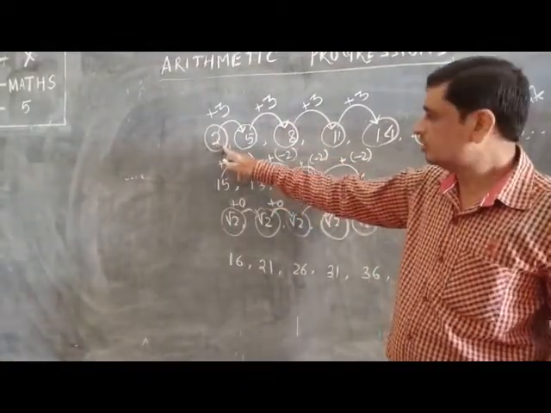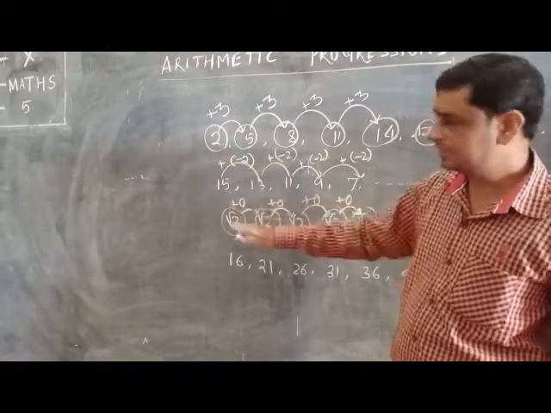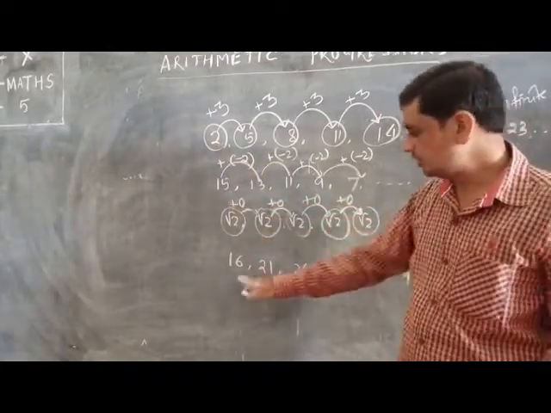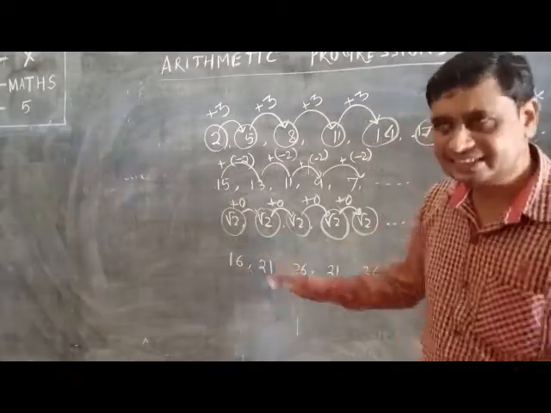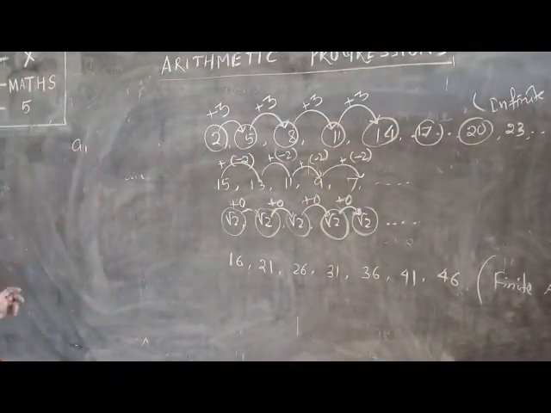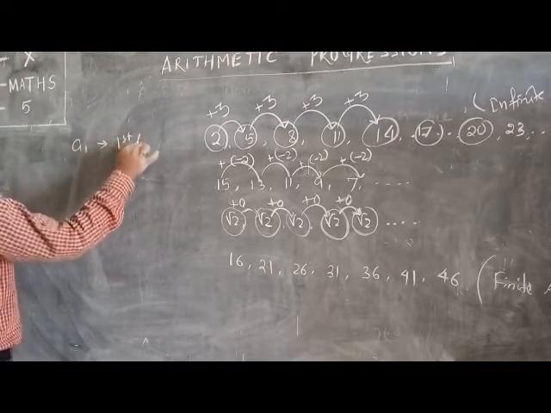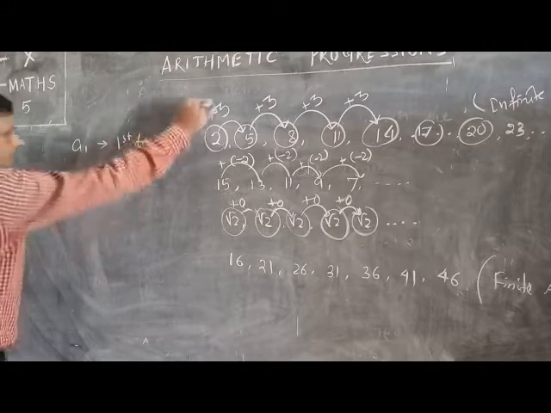Here, look at the first term: the first term is 2 in this AP, 15 in this AP, root 2 in this AP, 16 in this AP. The first term is also written as A1. A1 stands for first term.